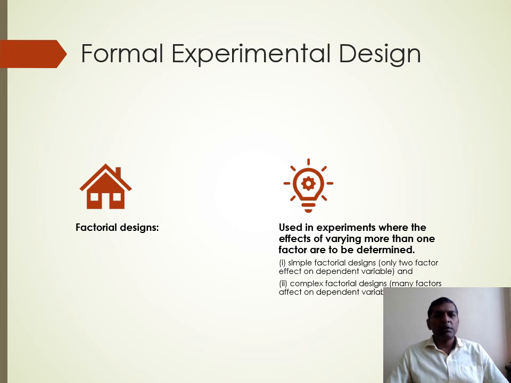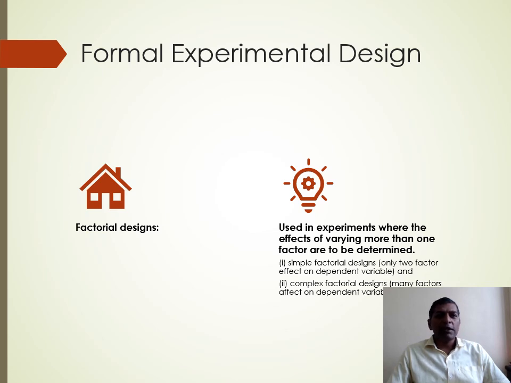If the variables are more than one, then the formal experimental design will be the factorial design. This factorial design is used where the effects of varying more than one factor are to be determined.